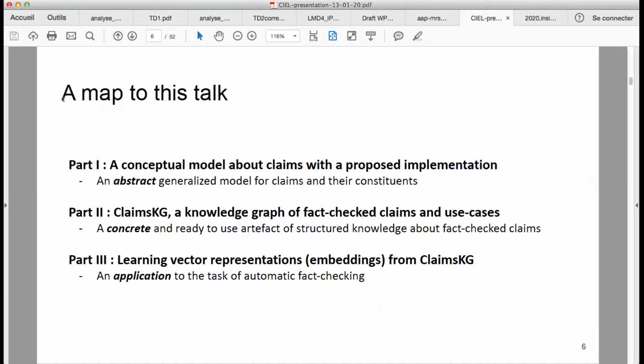This is the actual artifact which has come out of this work so far, which is a knowledge graph of fact-checked claims, together with some use cases, which I will describe in a little bit more detail. And finally, I will close this talk by talking about some things that we could do with this knowledge graph, in particular, our initial work on learning vector representations, precisely embeddings, from the knowledge graph, and some applications of these embeddings, of course.